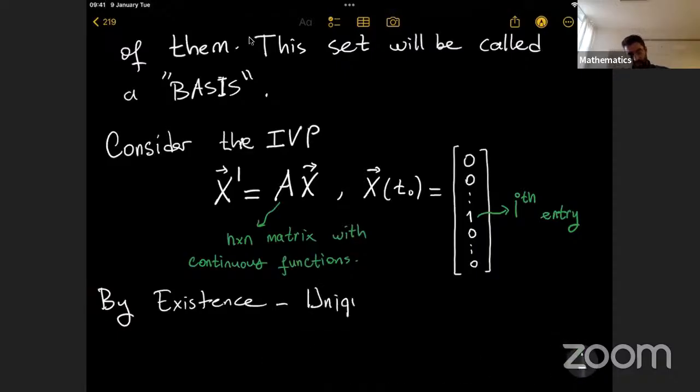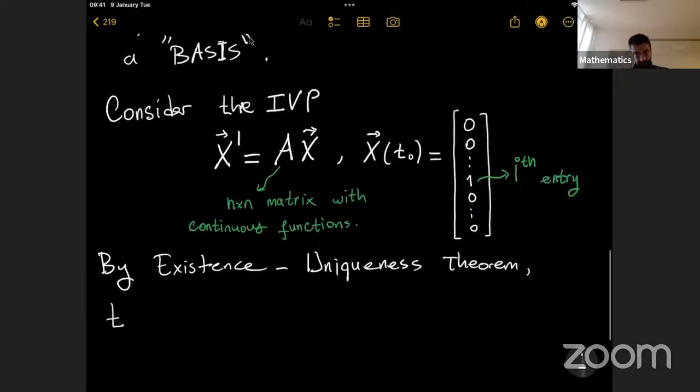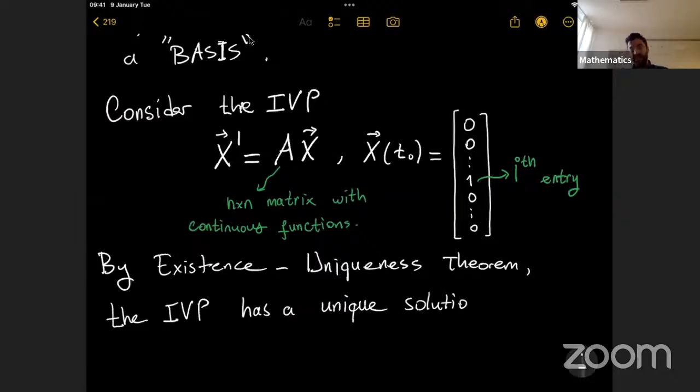Uniqueness theorem. This IVP above has a unique solution. Without the initial conditions, it may have many solutions, but with the initial condition, it becomes an initial value problem, and there is a unique solution. There's only one solution.